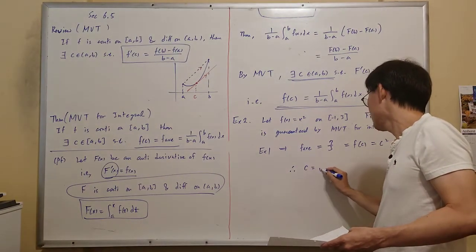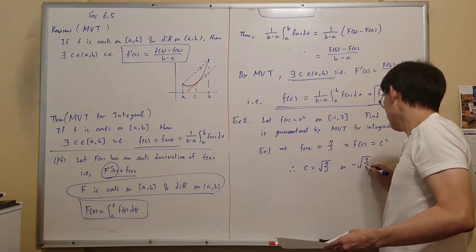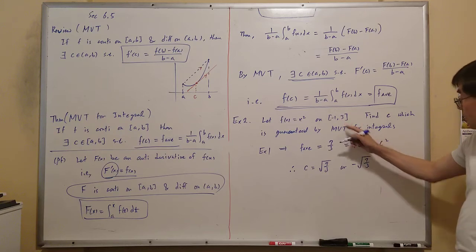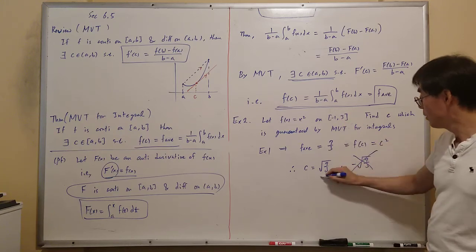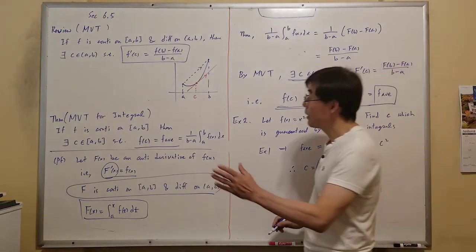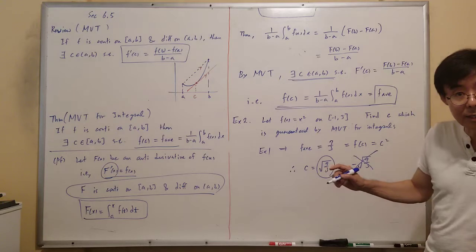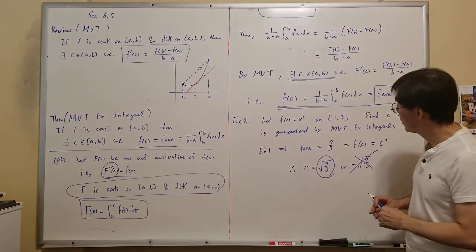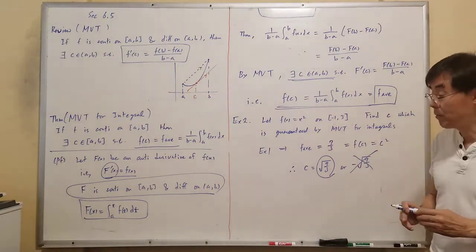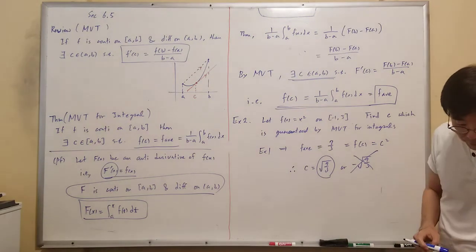Therefore, c must be square root of 7 over 3 or negative square root of 7 over 3. The negative one is not in the interval, only the positive one. So the c value guaranteed by the mean value theorem for integrals, for the x squared function on the interval negative 1 through 3, will be square root of 7 over 3.